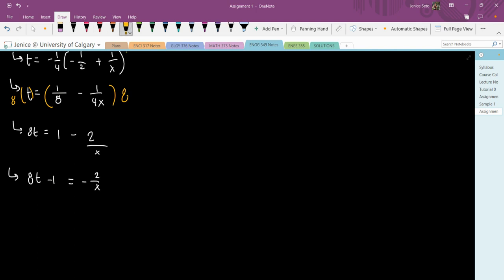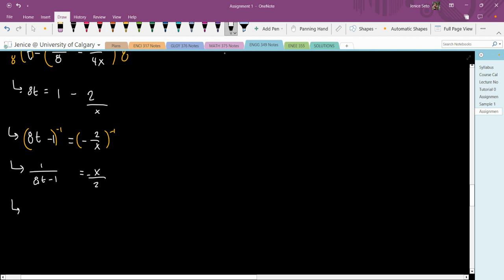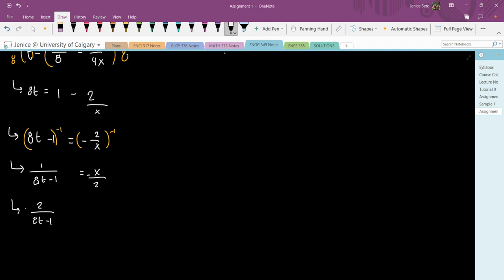If we flip things around, this is going to give us 1 over 8t minus 1 equals negative x over 2. And if we cross multiply and divide, that is going to give us 2 over 8t minus 1, negative, equals x.